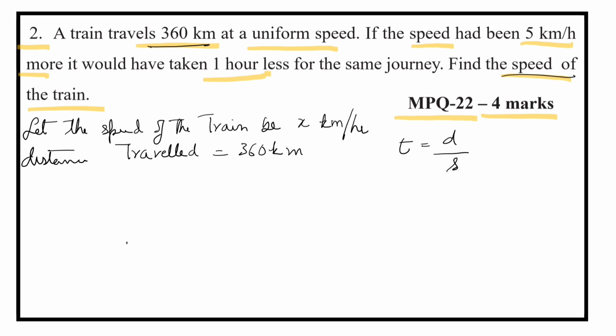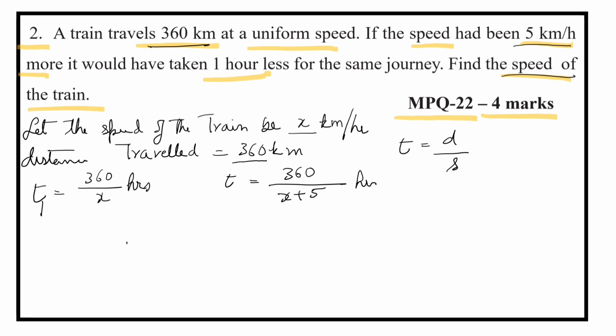T is equal to D by S. So time taken by the train to travel the distance of 360 kilometer at the speed of x kilometer per hour is 360 by x hours. When the speed of the train is increased by 5 kilometer per hour more, then the time taken to cover the distance of 360 kilometer is 360 by x plus 5 hours.